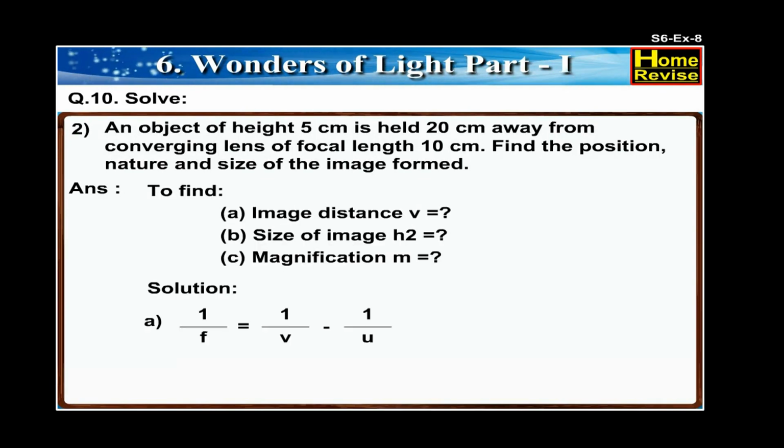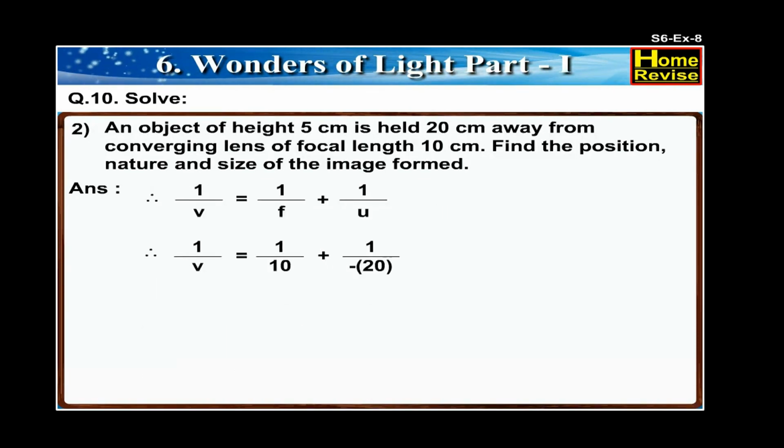Solution. First, 1 upon F is equal to 1 upon V minus 1 upon U. Therefore, 1 upon V is equal to 1 upon F plus 1 upon U. Therefore, 1 upon V is equal to 1 by 10 plus 1 by minus 20.